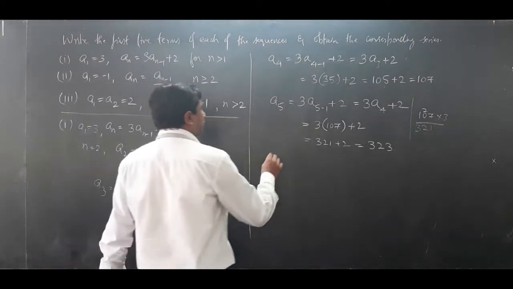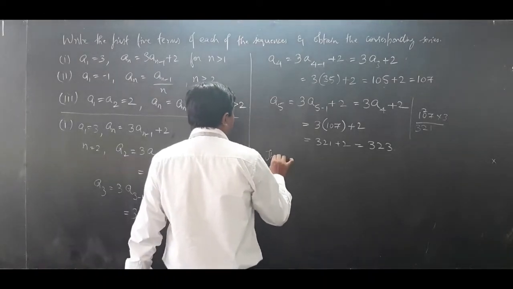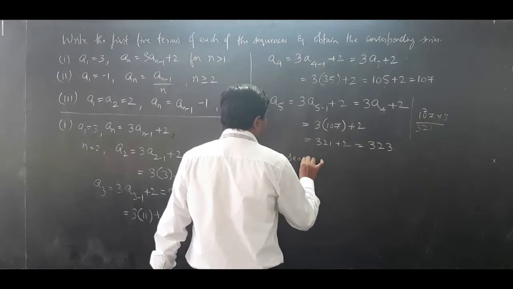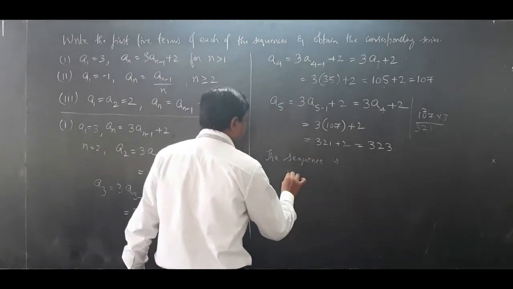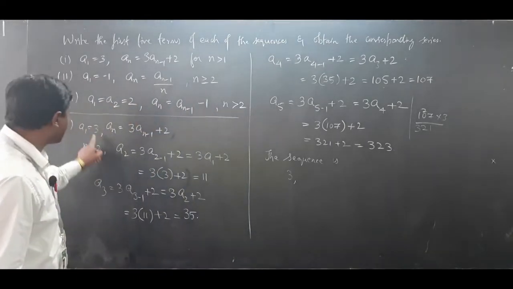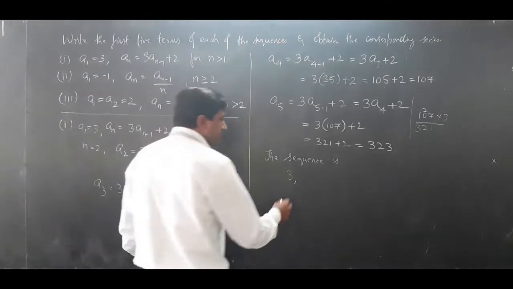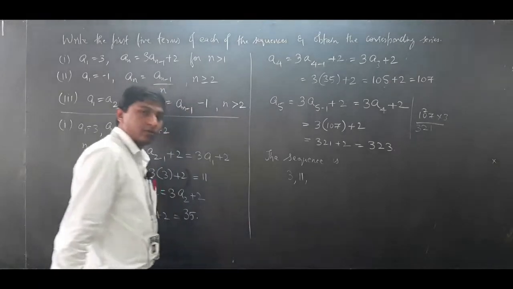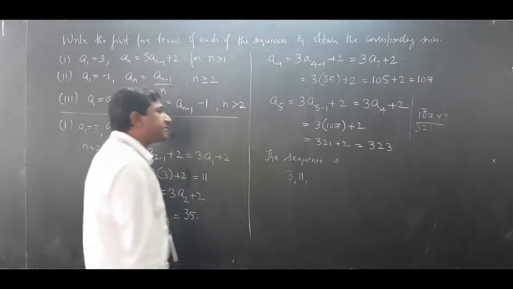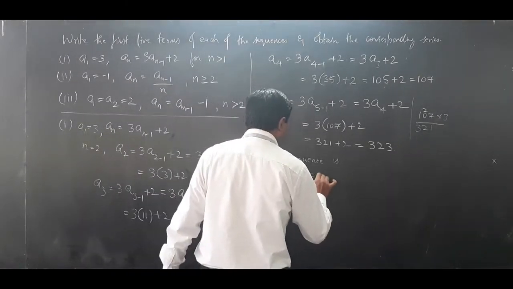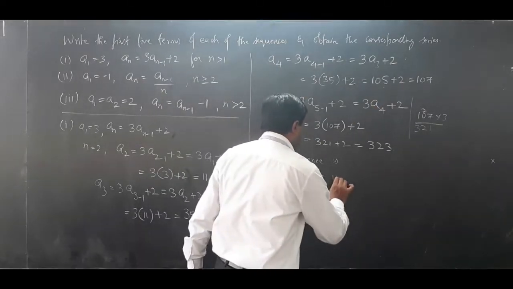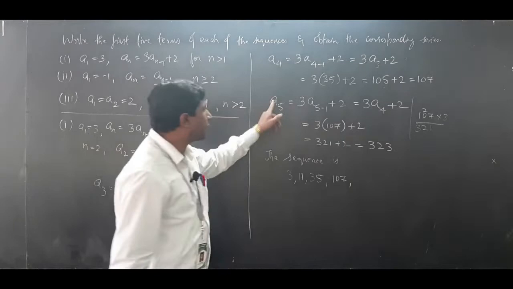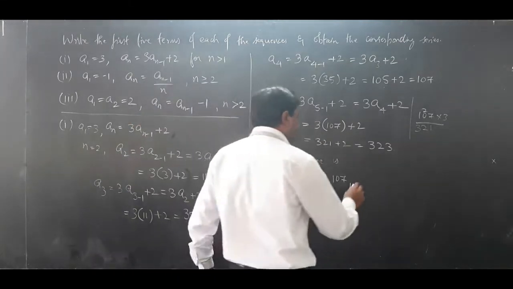The first term is 3, the second term is 11, the third term is 35, the fourth term is 107, the fifth term is 323.